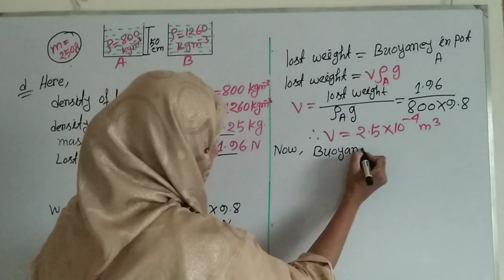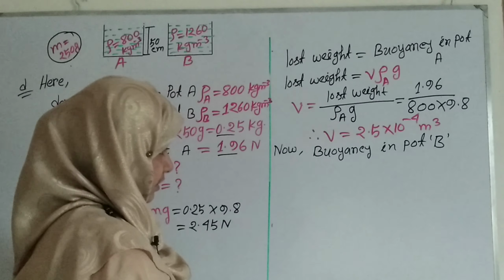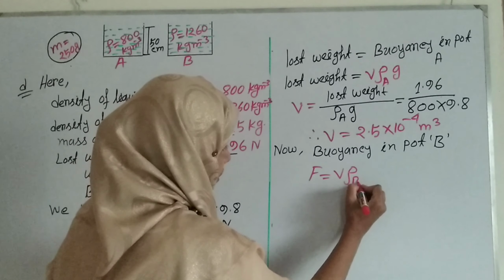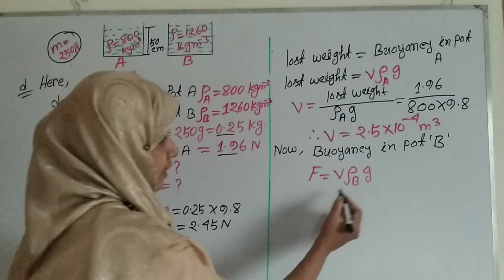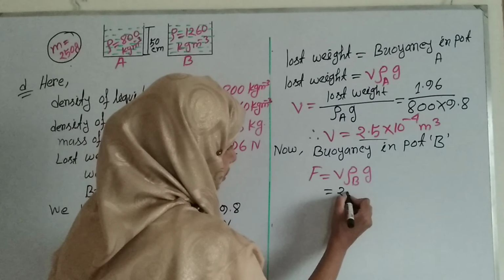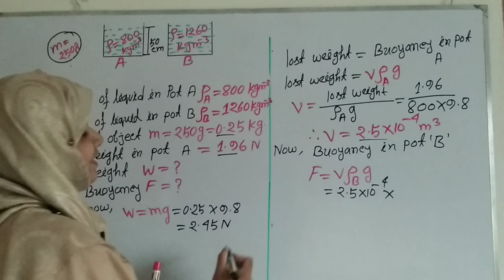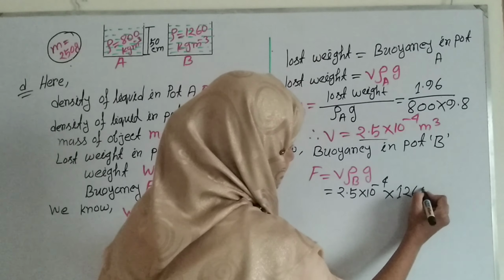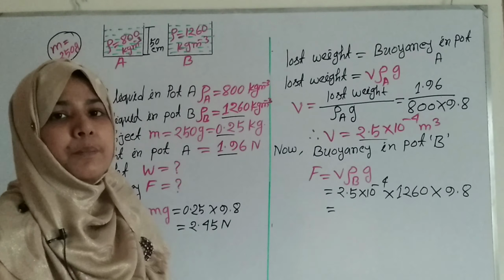Buoyancy in pot B, that is F equals V rho B G. Now the value of V is given here, 2.5 into 10 to the power minus 4, and the value of density of liquid B is 1260, and the value of G is 9.8 meter per second square.